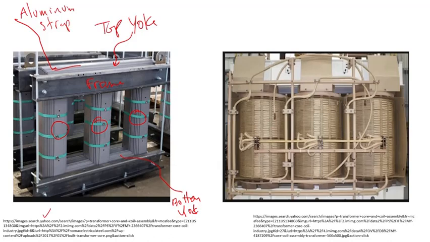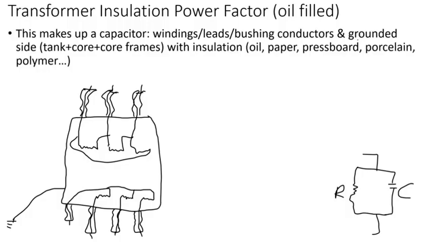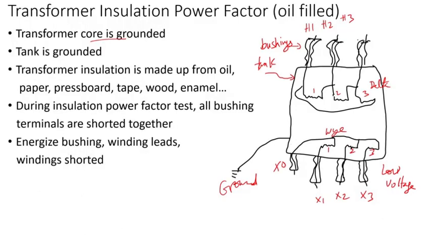This just shows the windings. This is a core form, so the windings are concentric, then they're wound around the core. So the core would be grounded basically. The transformer core is grounded, the tank is grounded, then the transformer insulation is made up of oil, if it's filled.